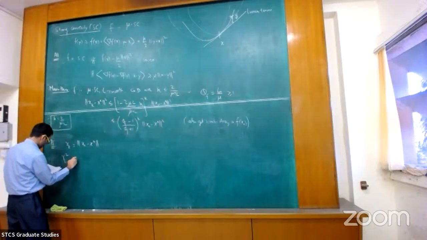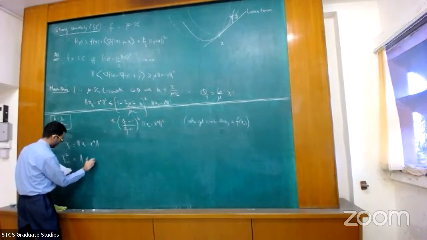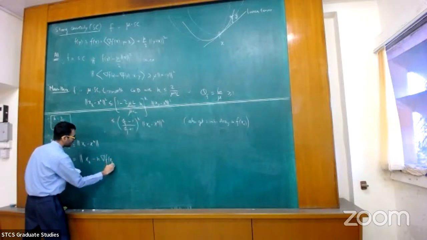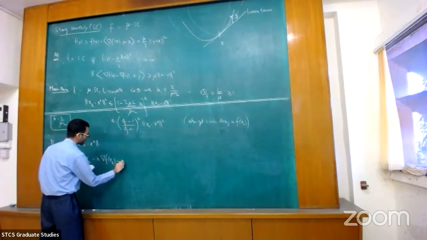So let's now expand it. What is this? This is x_k minus h gradient f(x_k), that's the iterate difference there, minus x star.